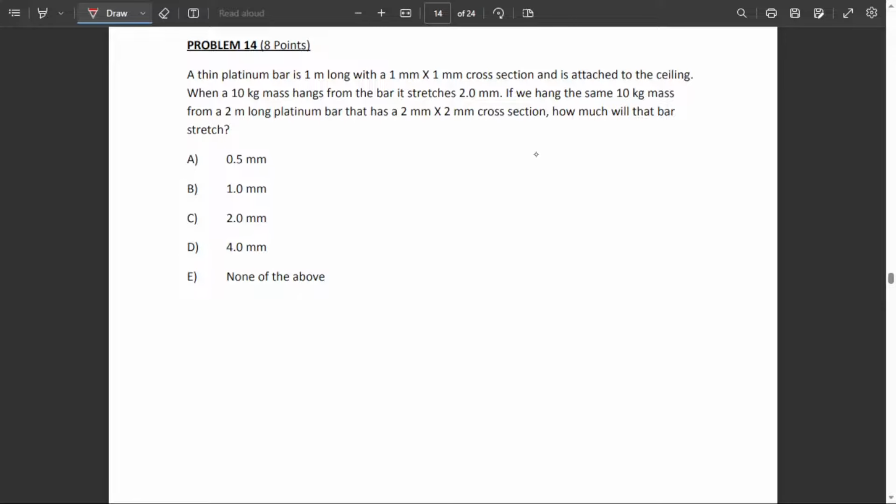So this is a question about the Young's modulus, Y, of a material. And so that tells us that for a material, the stress, the force over the cross-sectional area, divided by the strain, the percentage change in length, is constant for one material.